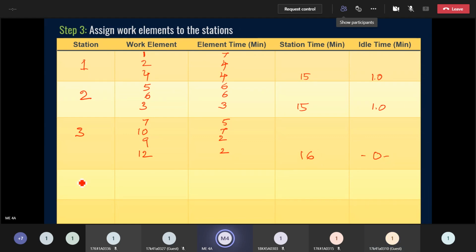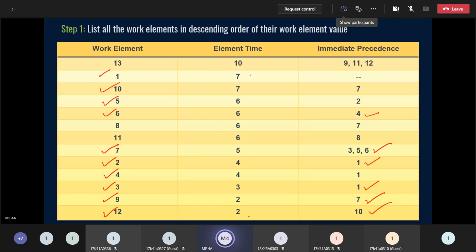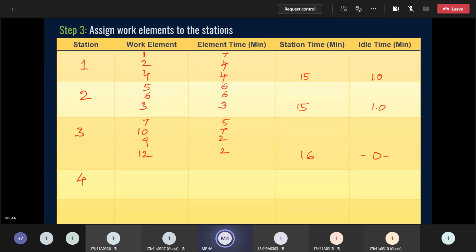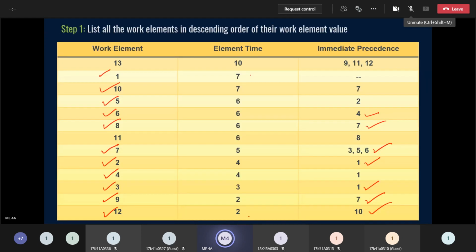So station 4 now. Again start from the top. Which element can I assign now? Take the highest value. Work element 8. 7 is already over. So work element 8, 6 minutes. So I have 10 minutes more. Next element.